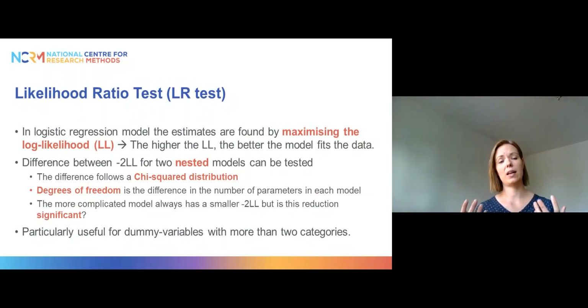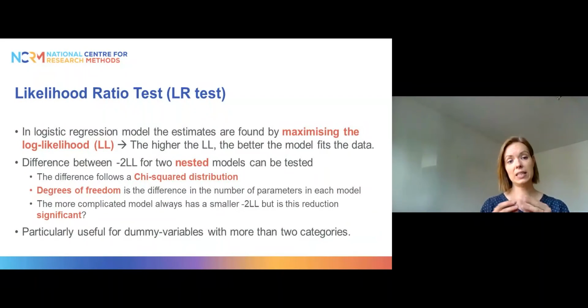And how this works is that whenever we conduct a binary logistic regression model, we find the estimates by maximizing the log likelihood, or LL. And the higher the log likelihood is, the better the model fits the data, so the better the model is.